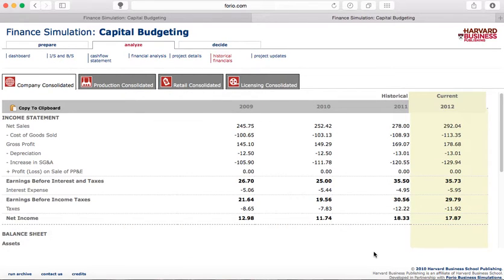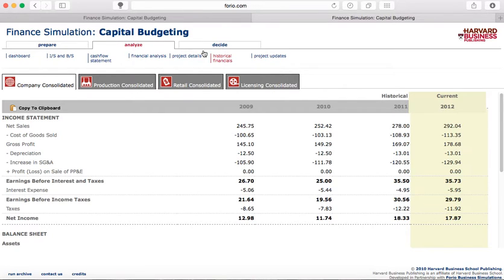Looking at our historical finances, the earnings before interest and taxes were very close to what we were last year, but expenses and things like that did cause our net income to decrease.